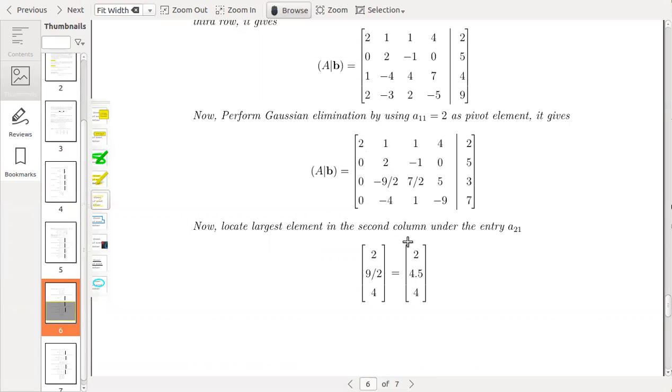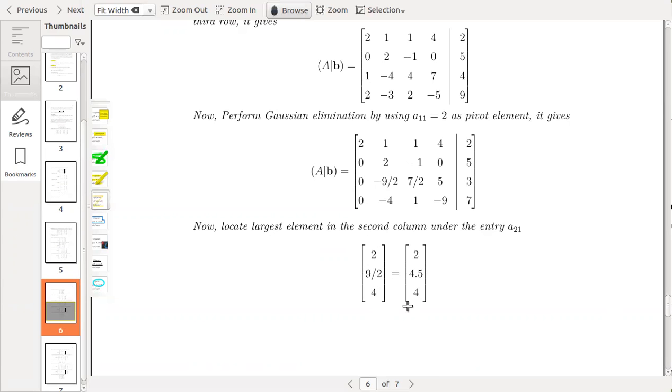But in the partial pivoting strategy, we always need to locate the highest value in the column. Okay, so this column contains 2, 9 by 2, minus 4, because we have to consider positive values, not negative.